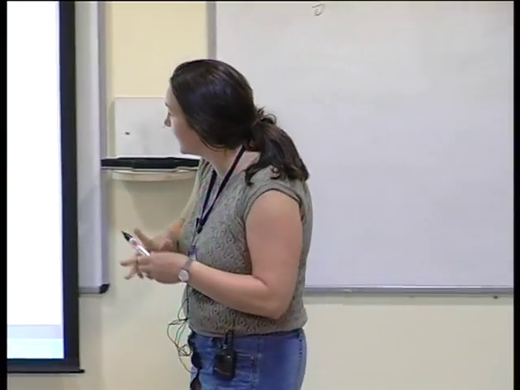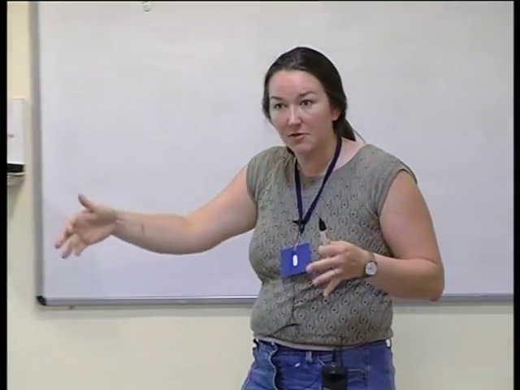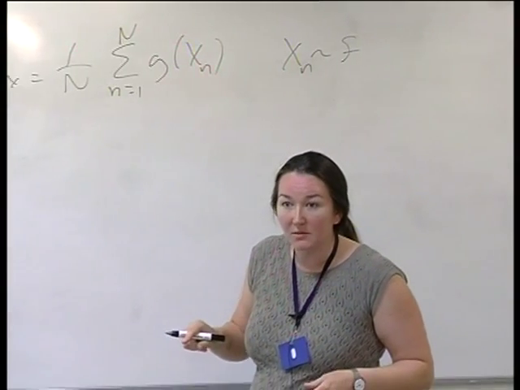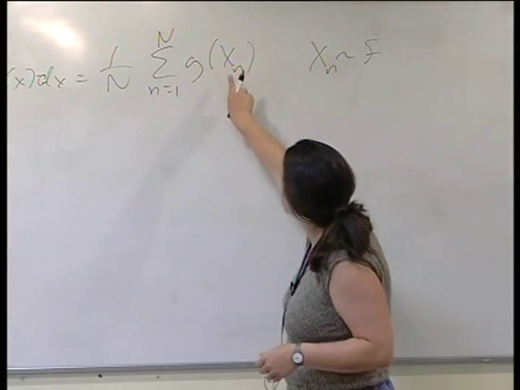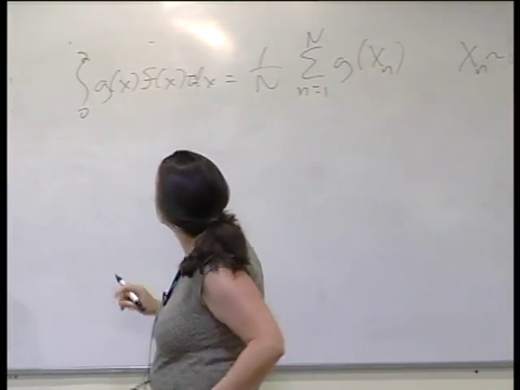So the first thing we're going to do is draw f from uniform on 0, 2. And then our g in that case is 2x cubed. So we draw uniforms, we plug them into this function 2x cubed, and we calculate this average to get an estimate.